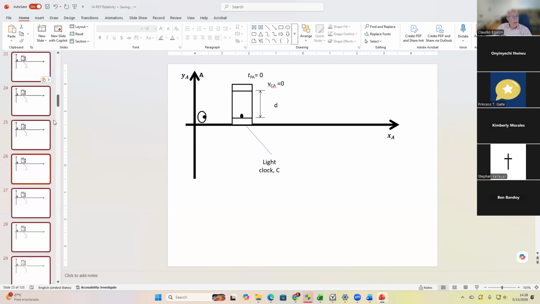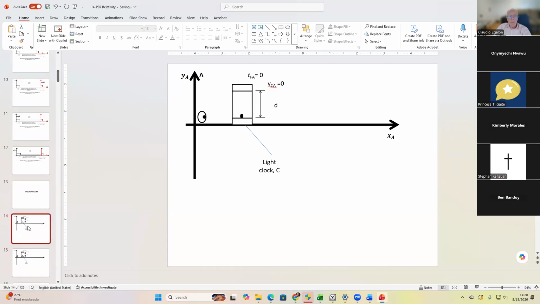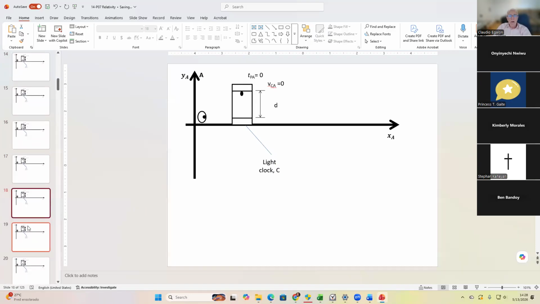Play the movie. Tick, right? Tock. Tick, tock, right? Tick, and so on. That's how a light clock works.